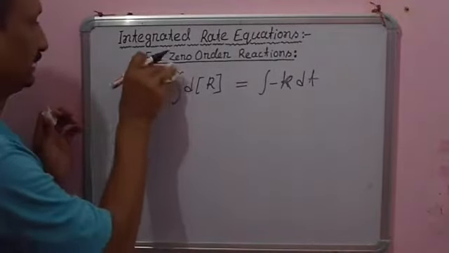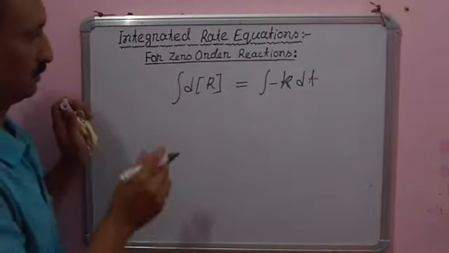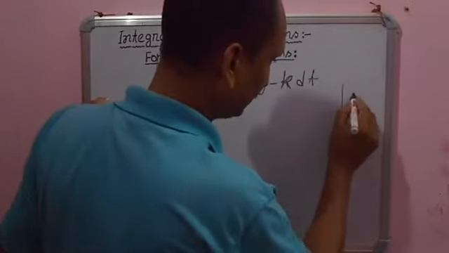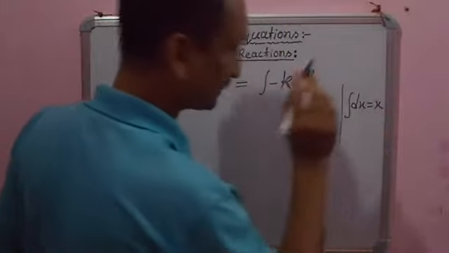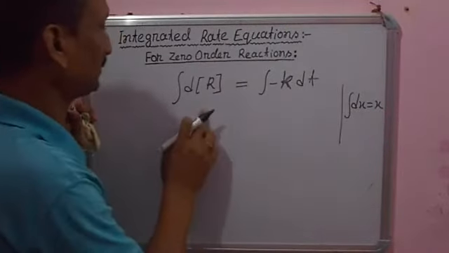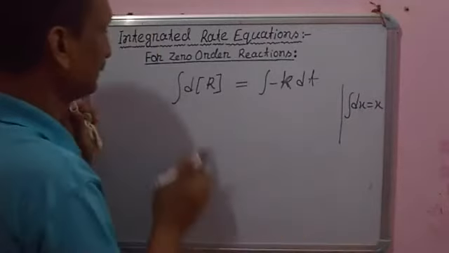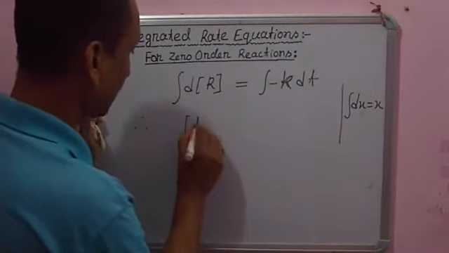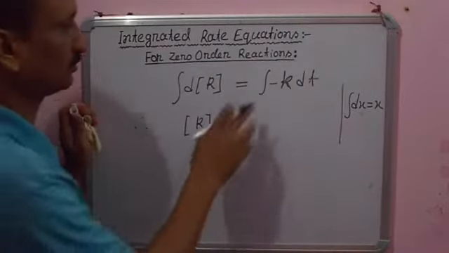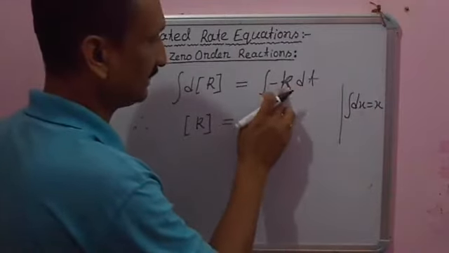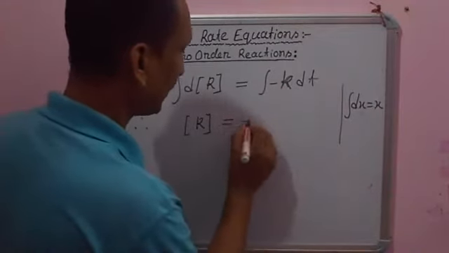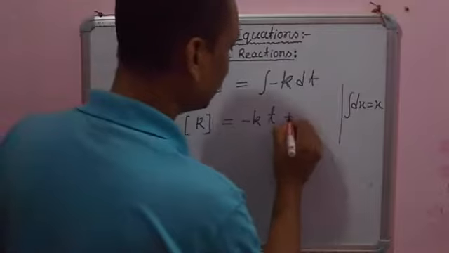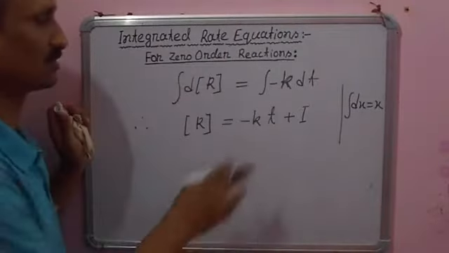Those who do not have mathematics, simply remember that the integration of dx is equal to x. So the integration of d[R] is [R], which equals the integration of minus k dt. K is a constant, so it will come out: minus k times the integration of dt, that is t, and there will be one constant of integration.